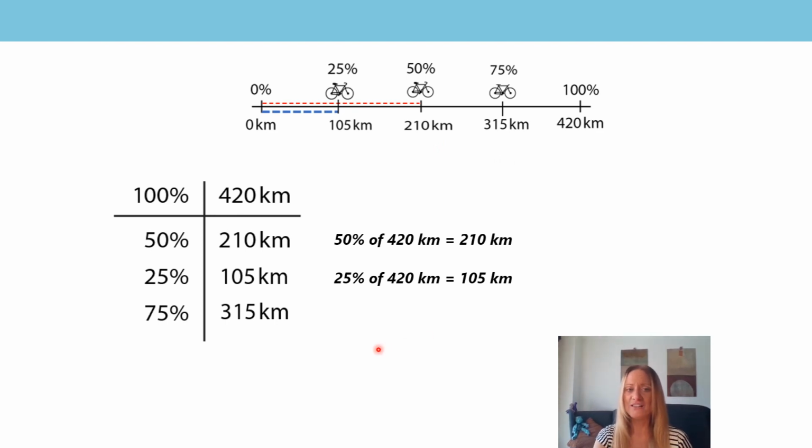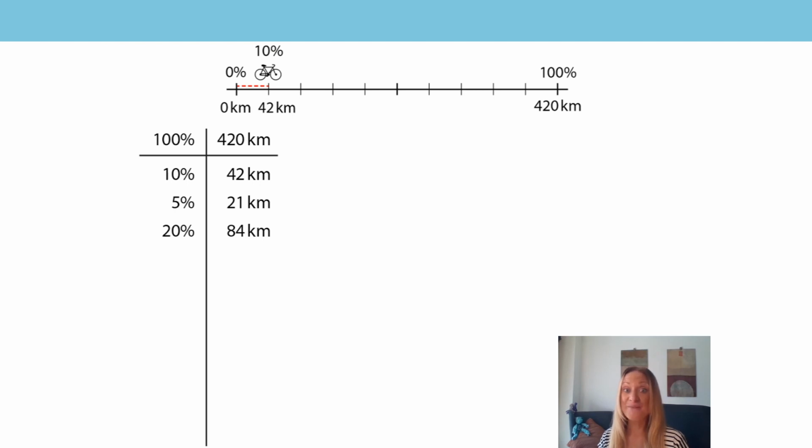And do you think you can read with me how we would say that? We would say 75% of 420 kilometres equals 315 kilometres. So our ratio table came in really handy, didn't it? Because when I had found 50% and 25%, I could use those facts to help me find an unknown quantity of 75%. So it was really useful.